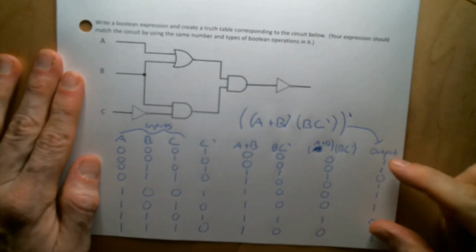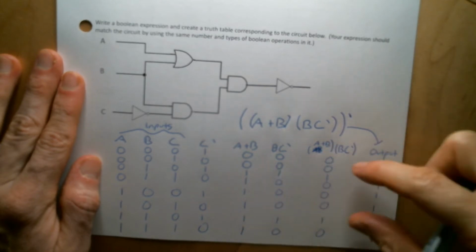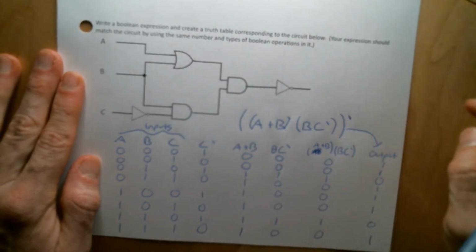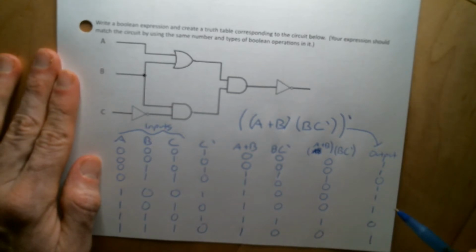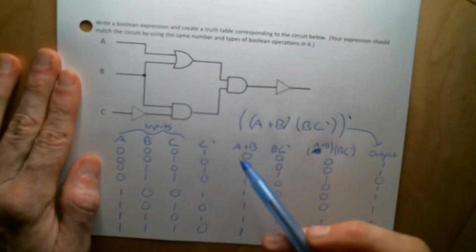But if you make a mistake and there's no work to show me, you're going to lose a lot more credit. So I would recommend that you do these intermediary columns so that if I see a small mistake in one of these columns, I can be like, oh, okay, that was just a tiny mistake. I don't really need to take off much. Versus if you skip all the way to the output and there's something wrong, I have to take off a lot more because you didn't show me any of these intermediary columns.